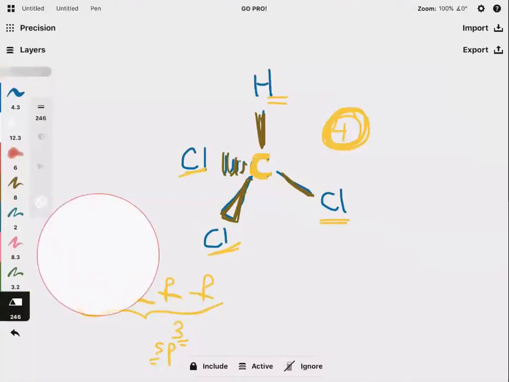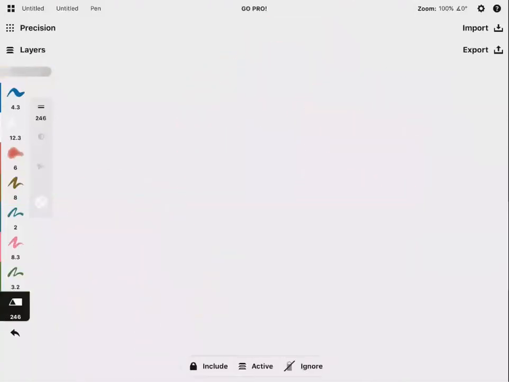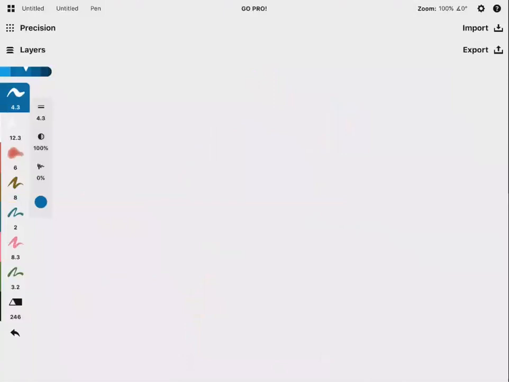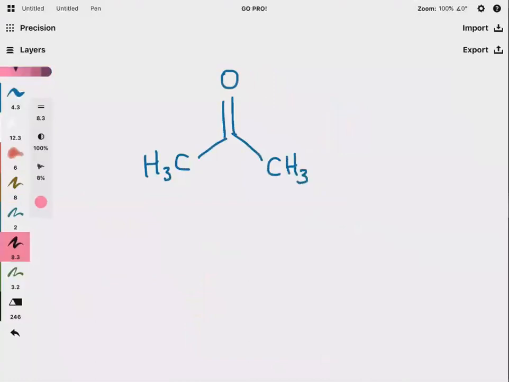Okay, let's look at another example. Let's look at this carbon right here.